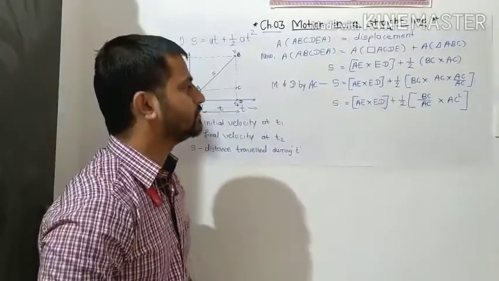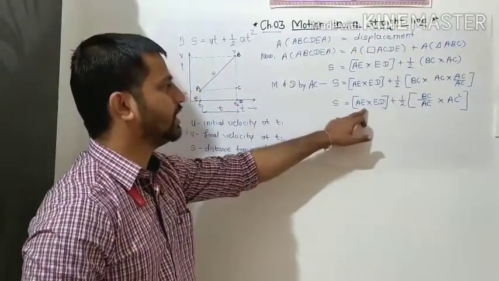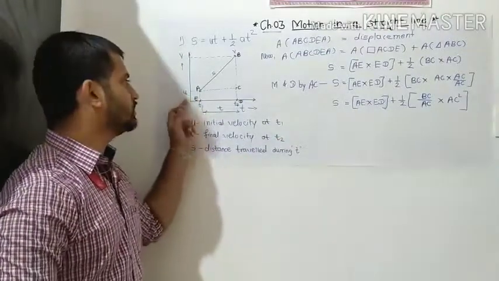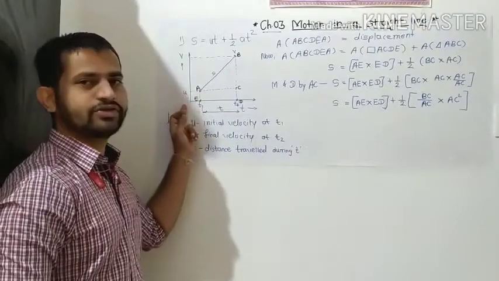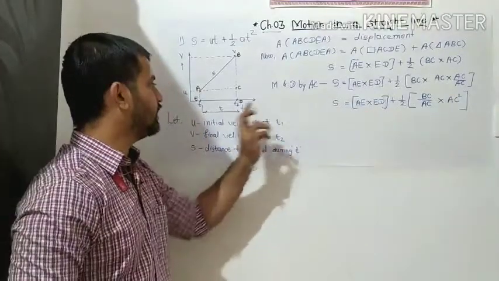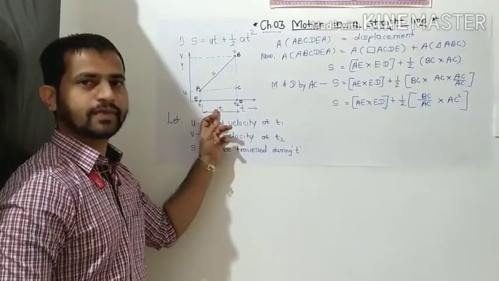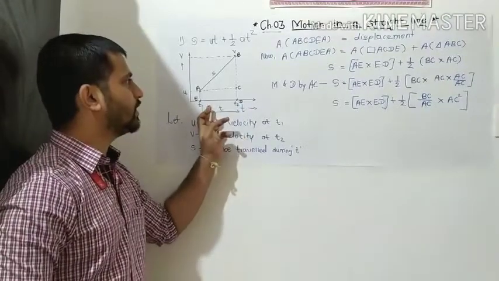So that we will get, what is AE? What is AE from this graph? AE is initial velocity U. Then ED is nothing but E into D, it is nothing but the time period T.